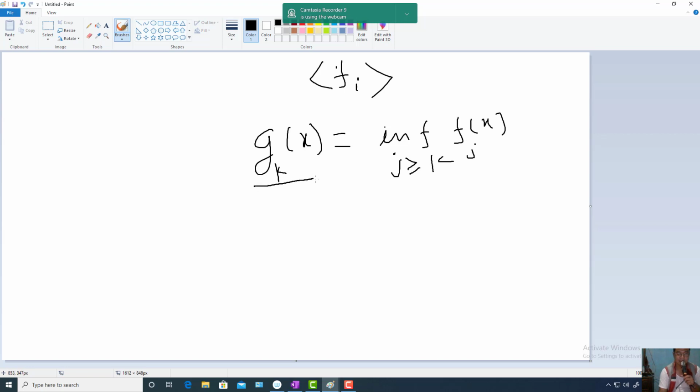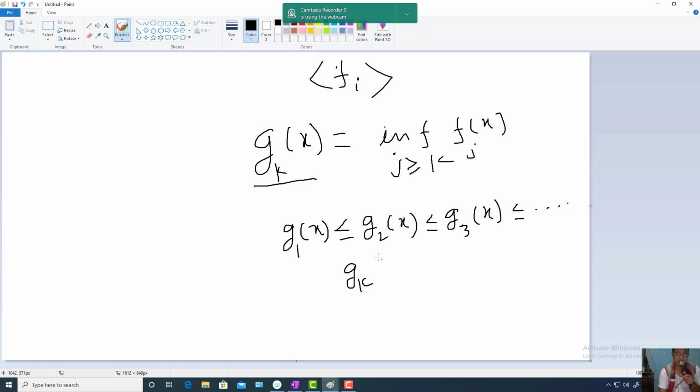So this is gk. That means g1(x) is less than or equal to g2(x), then g3(x), and it goes on. So that means the new sequence of functions gk is a monotonic increasing sequence of functions.